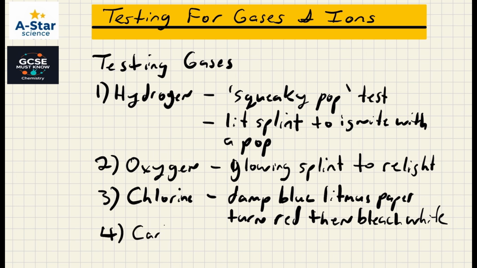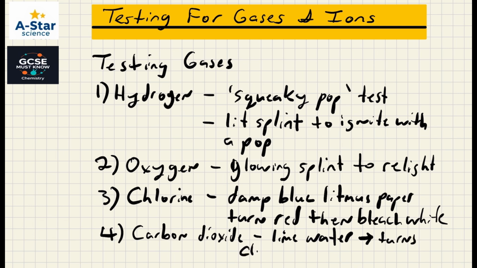The next test is the test for carbon dioxide gas. In this test, we're going to use lime water, which is just aqueous calcium hydroxide. And if the lime water turns cloudy, by the way, we have to bubble the gas through.